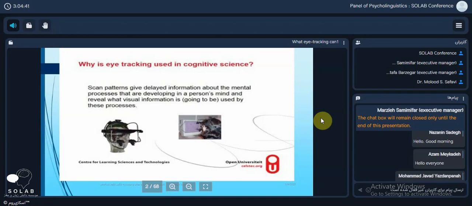In this regard, scan patterns give detailed information about the mental processes that are developing in a person's mind and reveal what visual information is going to be used by these processes. Eye tracking can have a role like fMRI.